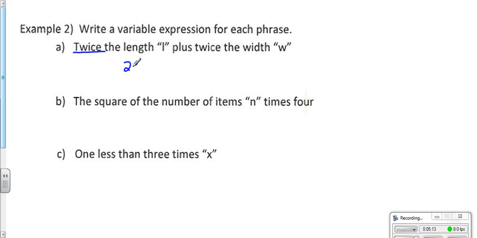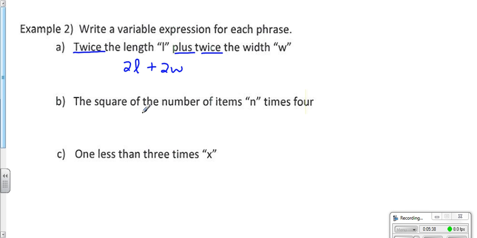Twice something means taking something times 2. So I will say twice the length, and I'm going to use L in cursive, and then I'm going to say plus, so there's that symbol, twice again the width W. Now notice I don't write equals, I just say plus, and that is the expression.